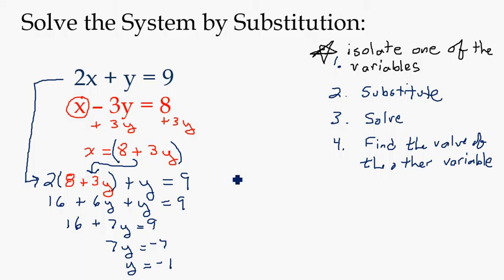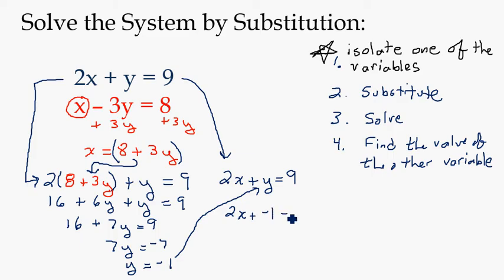It doesn't matter which one. I'll pick the 2x plus y equals 9 equation, and I know y is negative 1, so I'm going to put negative 1 in for y. So I get 2x plus negative 1 equals 9, and that's going to allow me to find x.